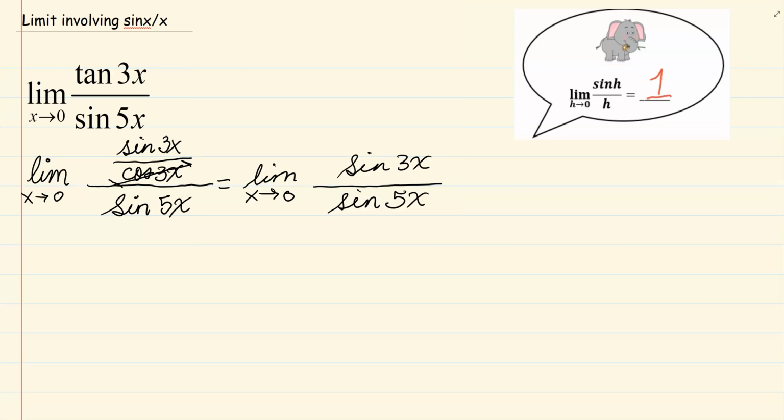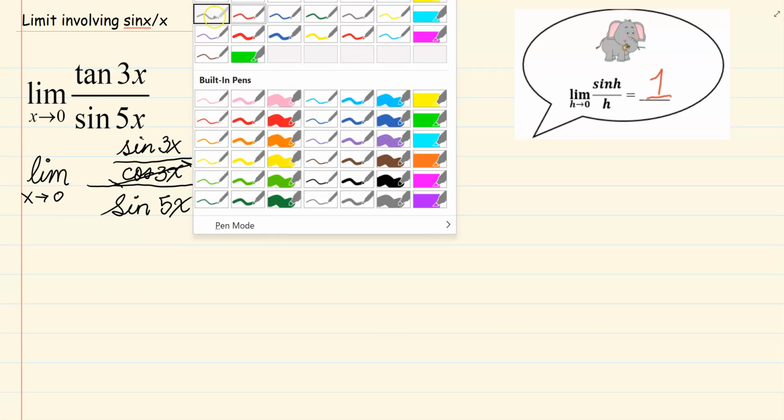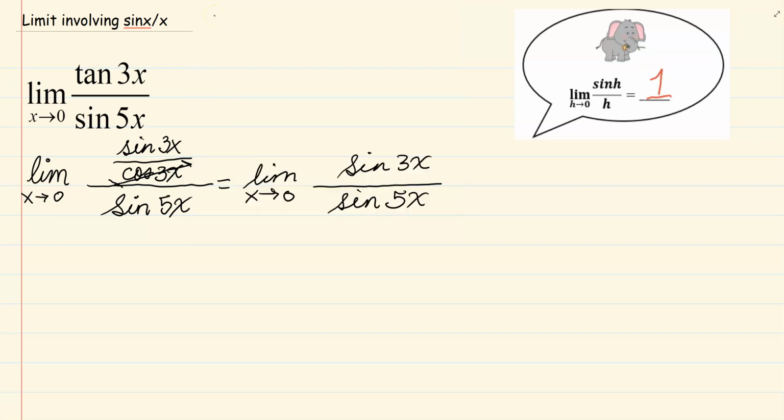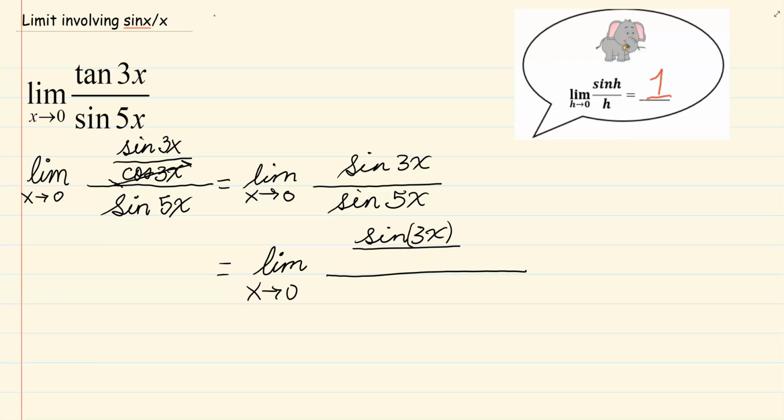And then if you see sine of 5x, then you're going to want 5x on the denominator. So this is going to equal, let's say, the limit as x goes to 0 of sine of 3x. When I see sine of 3x, I'm going to want 3x down here.